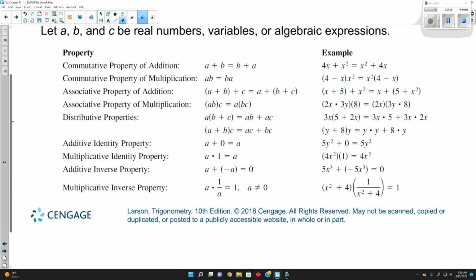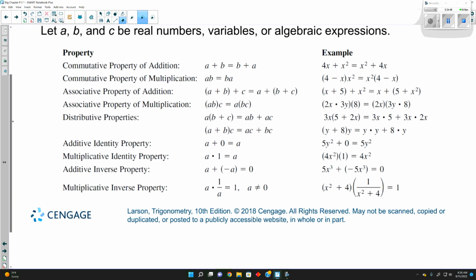The commutative property of addition: I can add any 2 things in any order, which makes addition nice. The commutative property of multiplication: I can multiply any 2 things in any order. The associative property of addition: we can add any 3 things in any order. Same thing is true with multiplication. Distributive property: we can multiply through, left or right side.